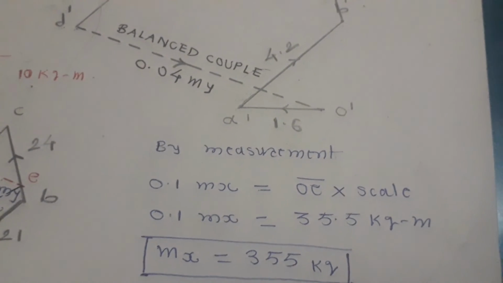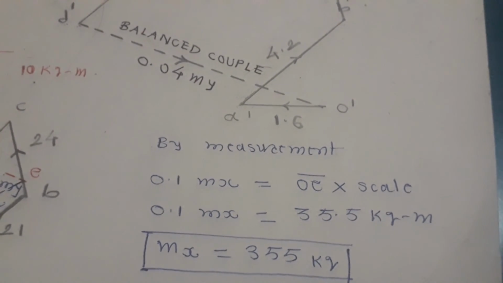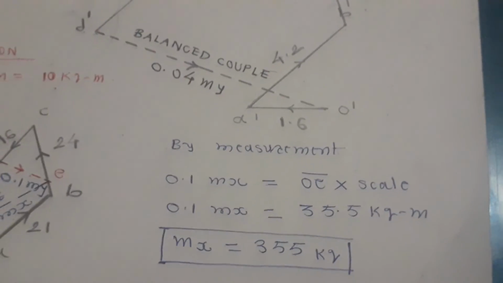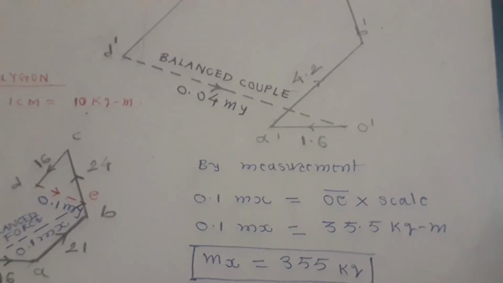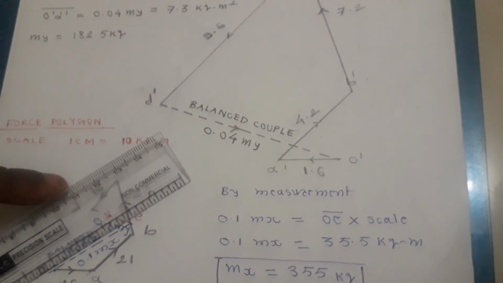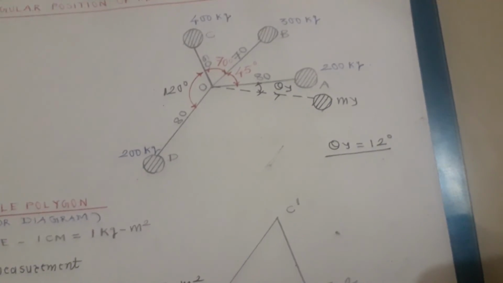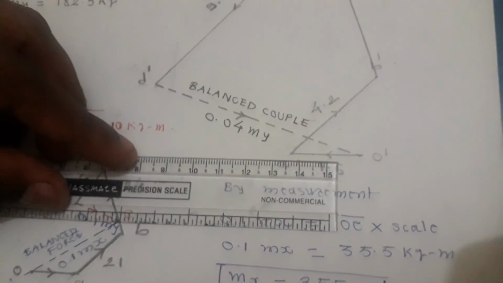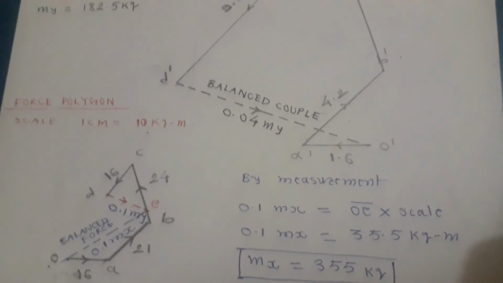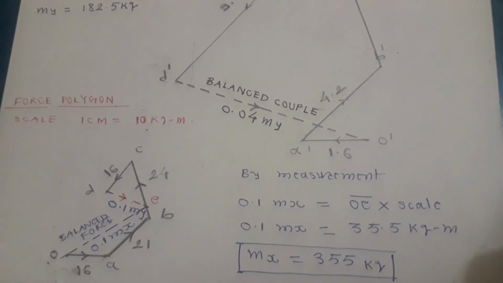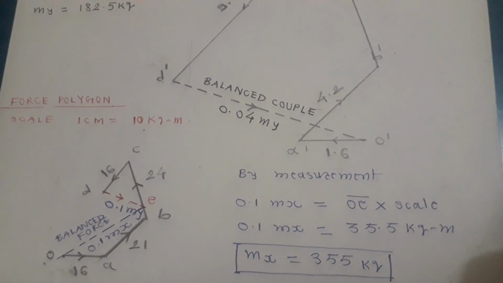355 kg. This is the magnitude of mass, and then the angular position. We can directly transfer this particular vector in this diagram, or I can measure from the reference in the clockwise direction, the horizontal position. So here we can transfer it in the diagram and then measure, or directly also we can measure from here.